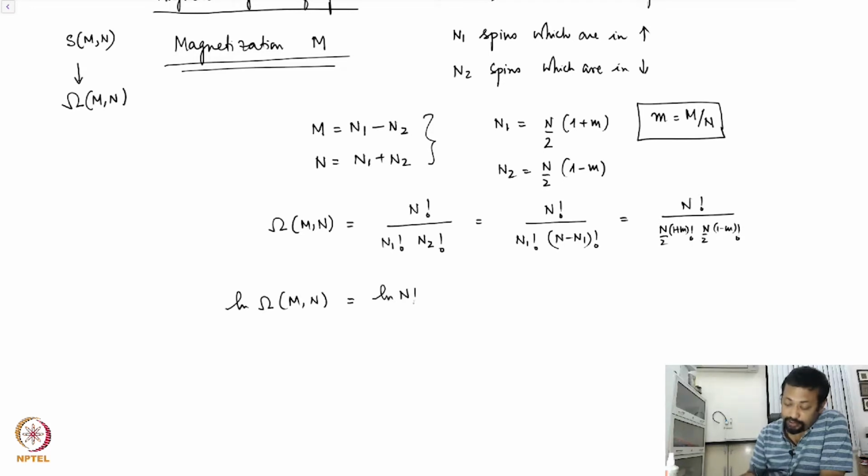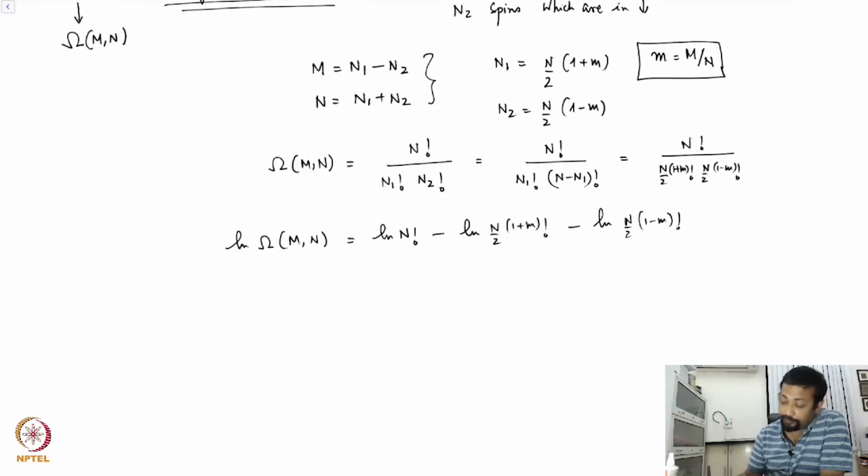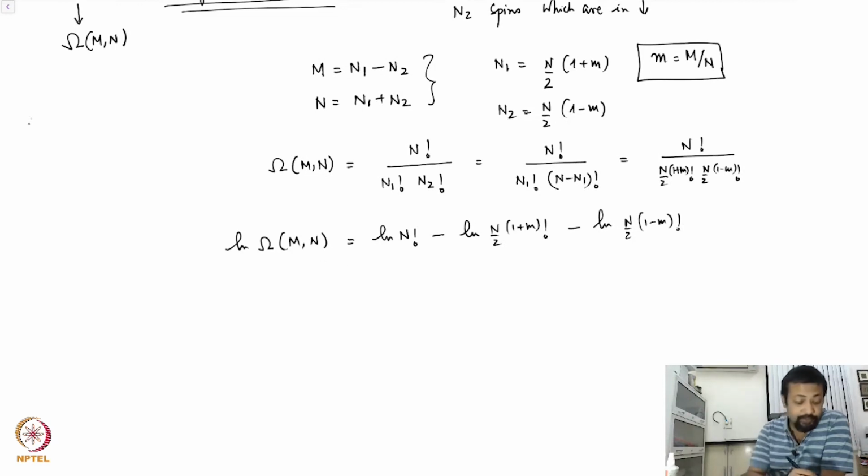So this is ln n factorial minus ln of n by 2 into 1 plus m factorial minus ln of n by 2 into 1 minus m factorial. We use Stirling's approximation, which tells me that ln n factorial is n ln n minus n.